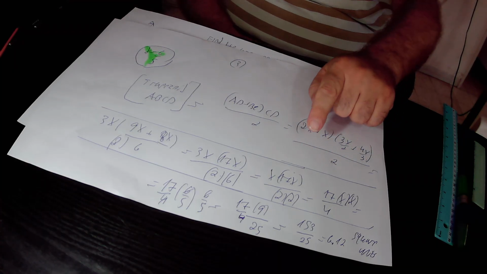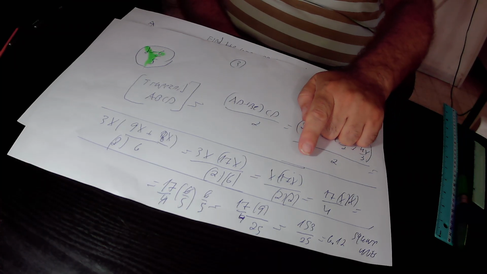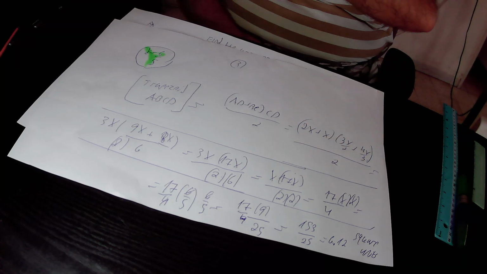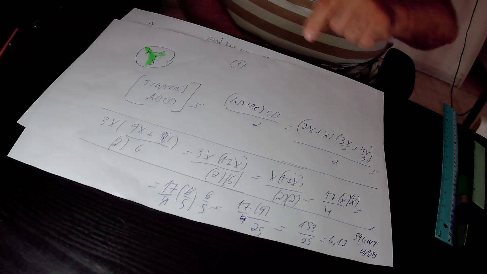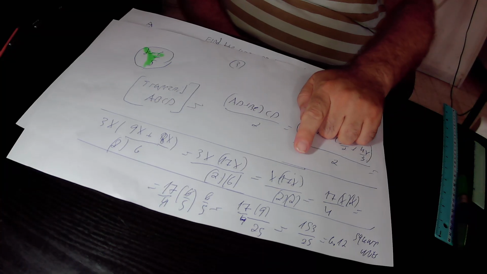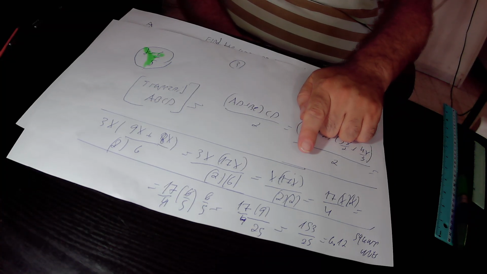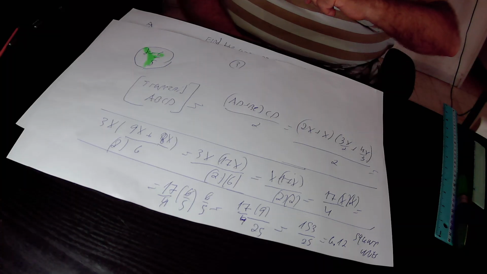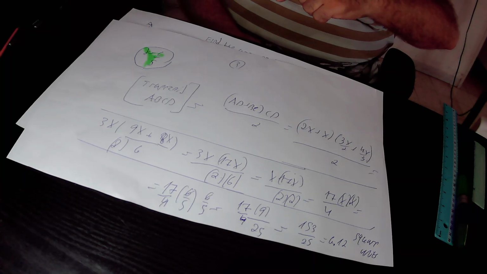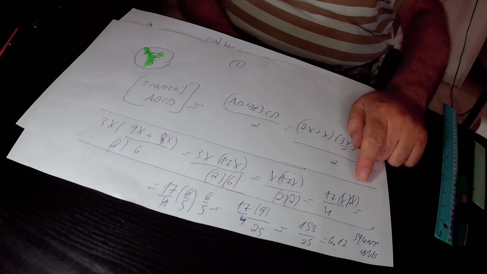So x times 17x over 2 times 2 is the area of trapezoid ABCD. 2 times 2 is 4, and in the numerator we have 17 times x times x. So the area of trapezoid ABCD equals 17 over 4 times x times x.